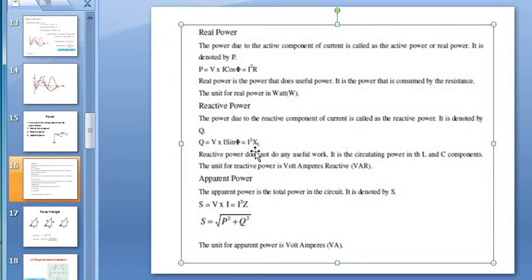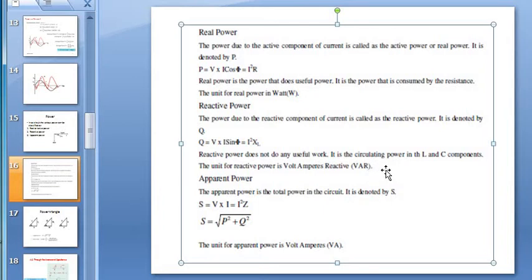It is also given as I square into XL. It does not do any useful work. It is the circulating power in L and C components. What will be the unit of reactive power? The unit of reactive power is volt ampere reactive, VAR.